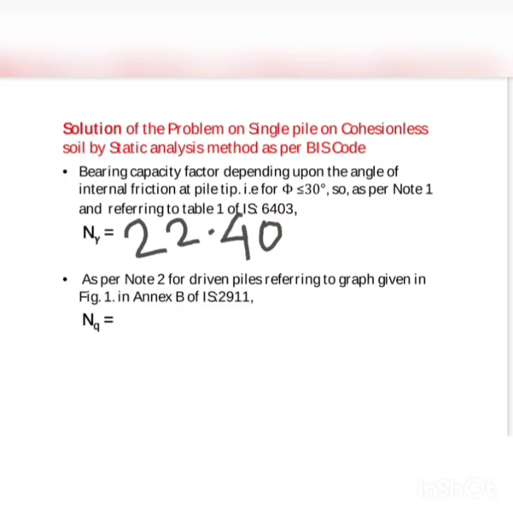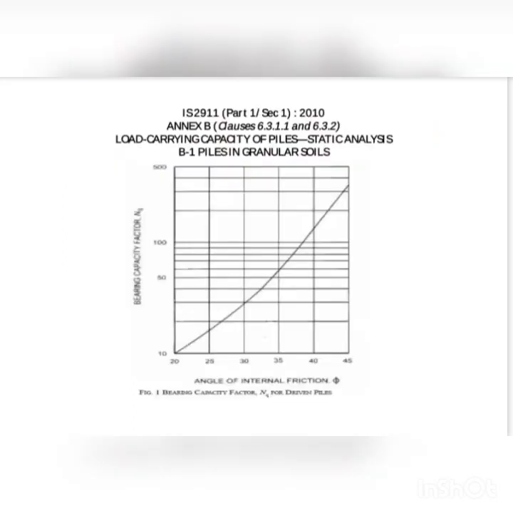Now for NQ, as per note 2, for driven piles, referring to the graph given in figure 1 of annexure B of IS 2911. So we have to refer to figure 1. Okay, let us see. So this is figure 1, the bearing capacity factor NQ versus angle of internal friction phi curve.